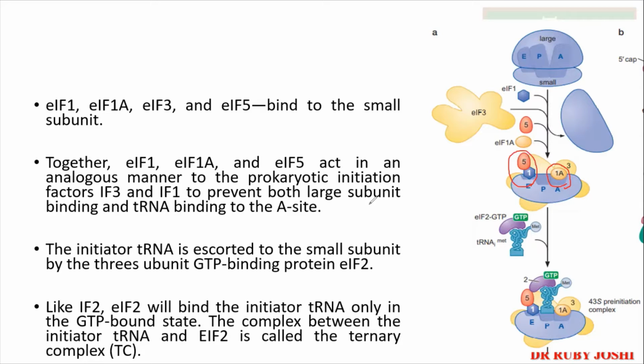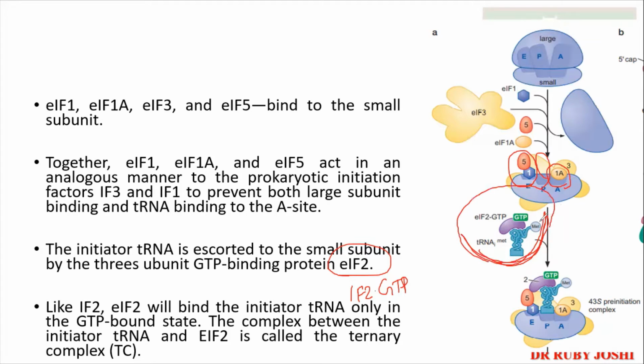Okay. Now the initiator tRNA is escorted to the small subunit by a 3-subunit GTP binding protein, eIF2. This is similar to your prokaryotic IF2 which is bound to GTP. ठीक है, तो क्या करेगा? वो यहाँ पे आके bind होता है, right? If you remember, इस case में क्या होगा? यहाँ पे this eIF2 GTP is bound to your initiator tRNA.